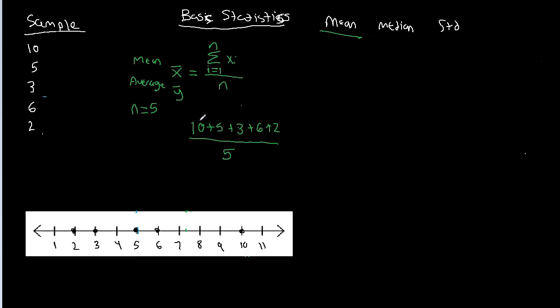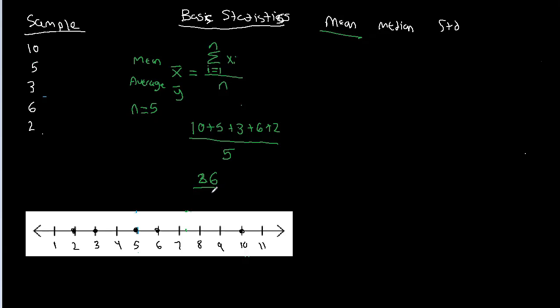So if we do the math, 10 plus 5 plus 3 plus 6 plus 2, you end up getting a number equal to 26, because 10 plus 5 plus 3, that's 18, plus 6, that's 24, plus 2, 26.